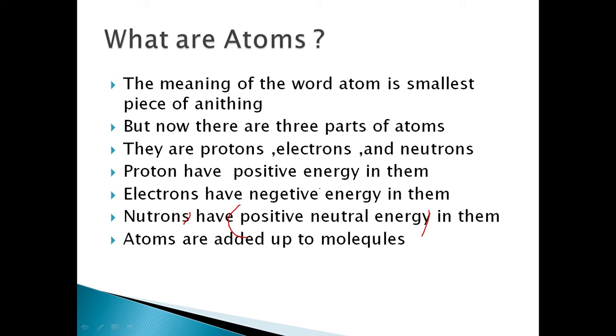This means that first I will tell you about what this neutral energy is, because I've told you about the positive energy. This is a sign of positive energy and this is a sign of negative energy. And if we combine them, we get neutral energy.